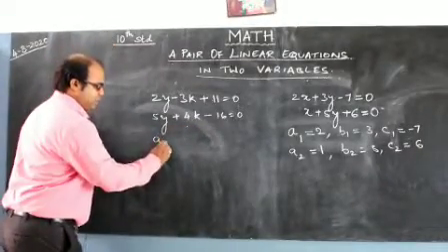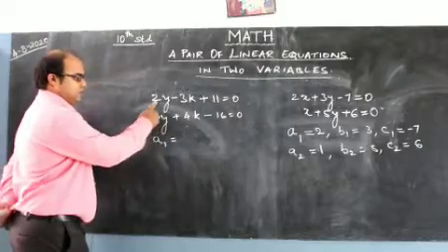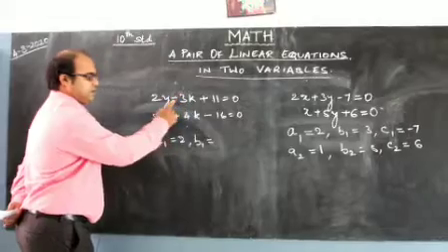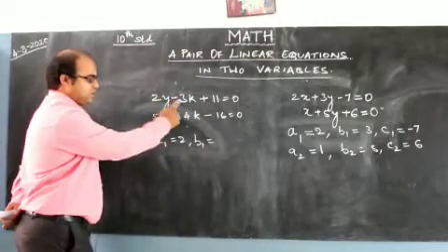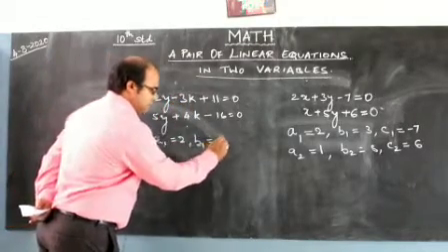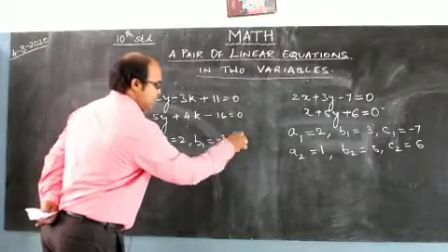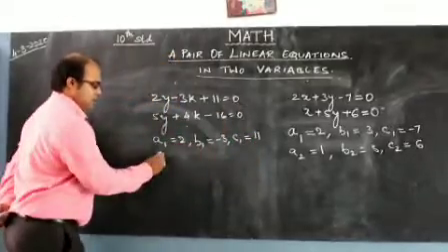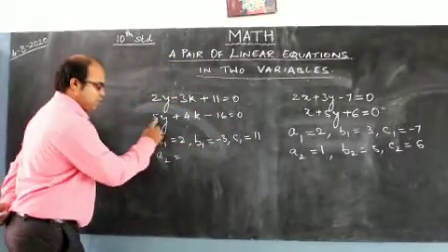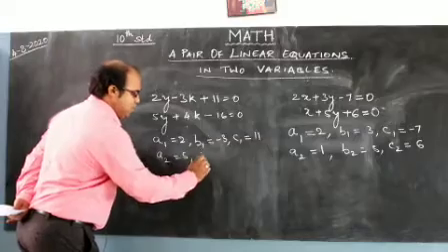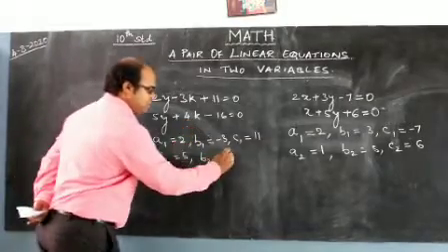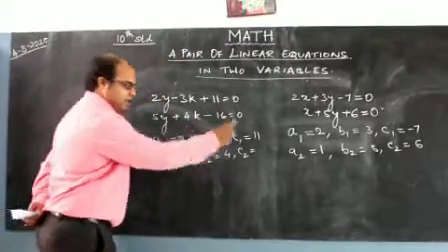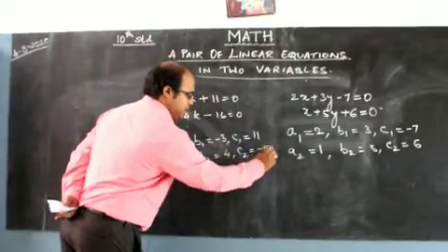So what will be the value of a1? a1 value is 2. b1 value is, be careful, minus sign is there. So what is b1 value? b1 value is minus 3. c1 value is 11. Then a2 value is 5. b2 value is 4. c2 value, again be careful, minus sign is there. So it is minus 16.